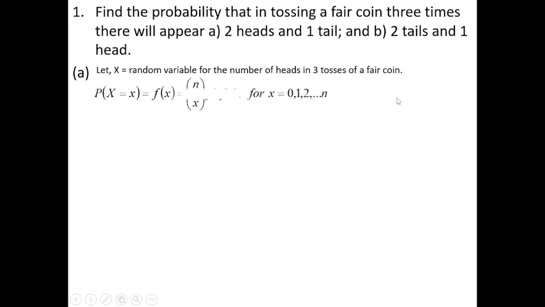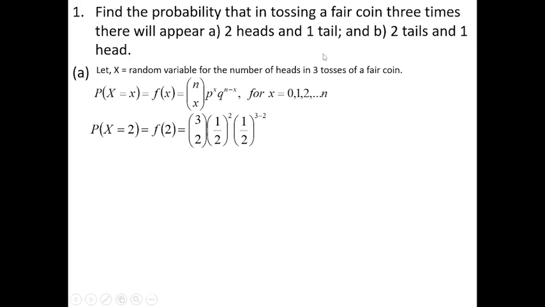So, let's continue. This is our concern, 2 heads and 1 tail, and we let x be the random variable for the number of heads in 3 tosses of a fair coin. And this is the formula for the binomial distribution. Okay, so our concern is the probability that there will be 2 heads and 1 tail.